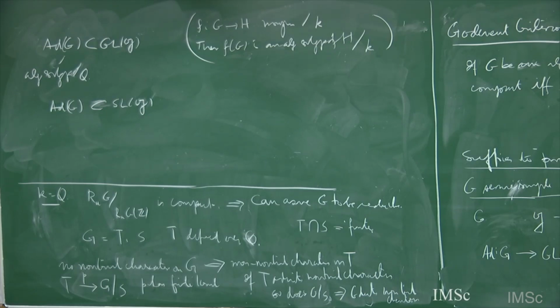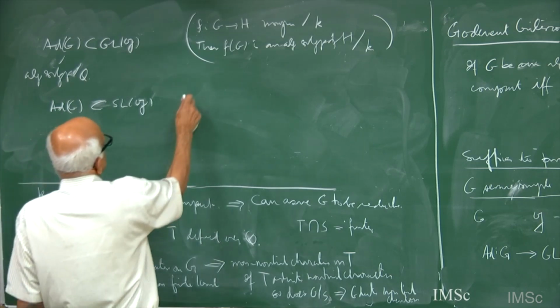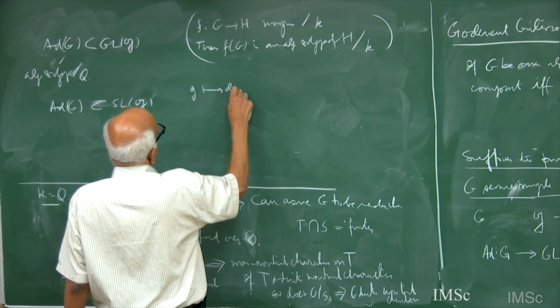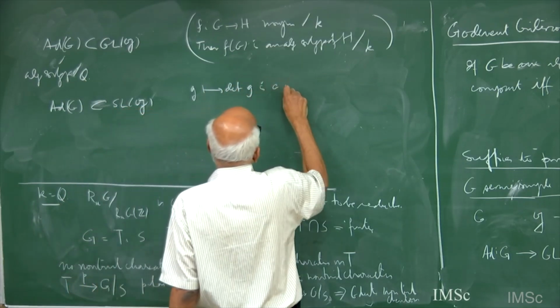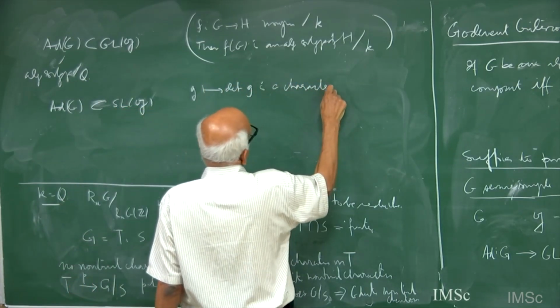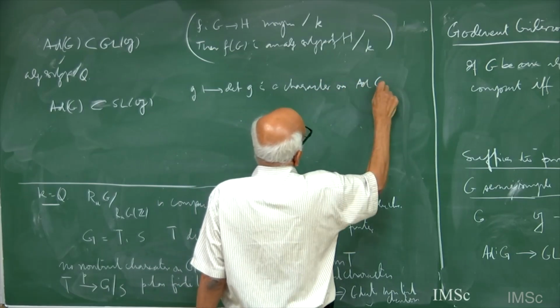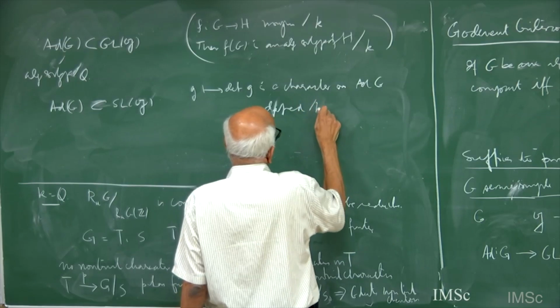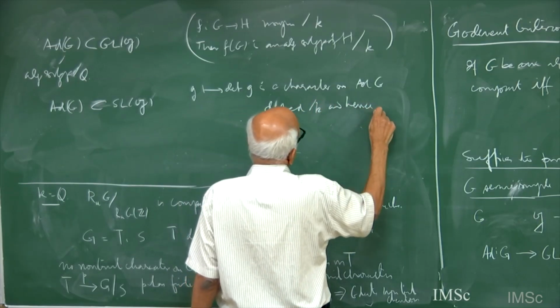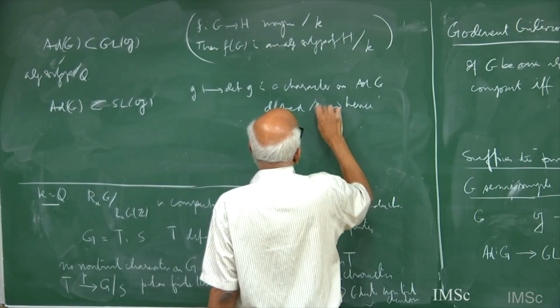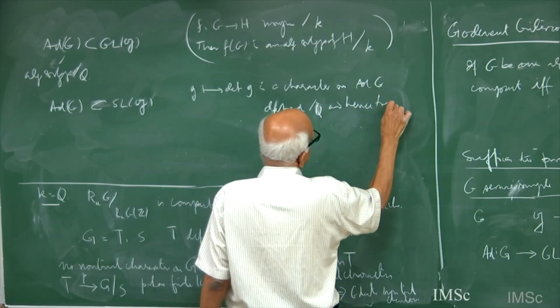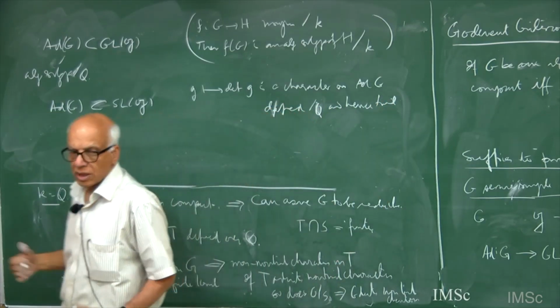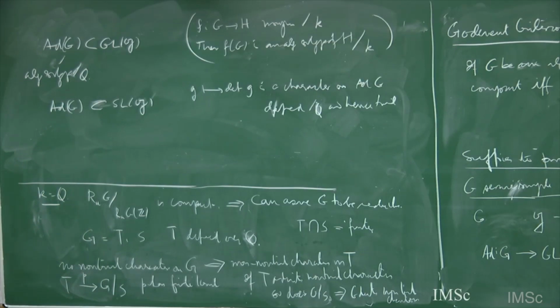Therefore, determinant, which is a character on Ad G defined over K, is hence trivial.